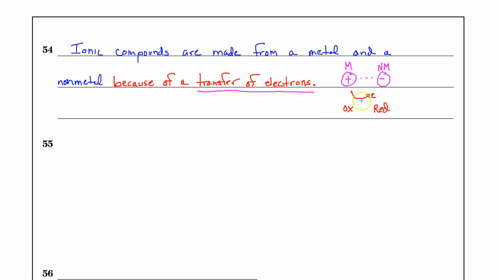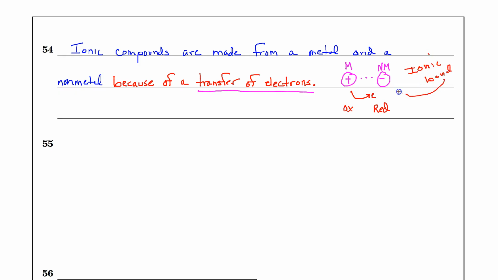You need to see this course as a whole, not just a separate bunch of questions. So the metal oxidizes where the nonmetal reduces, and that's your transfer. There's your redox reaction. And so an easy way to identify an ionic compound is a metal and nonmetal, because the metal will lose and the nonmetal will gain, and you'll make ions, and they'll stick together. That's ionic bonding. So this is an ionic bond.